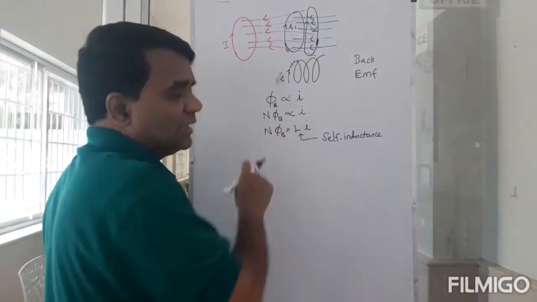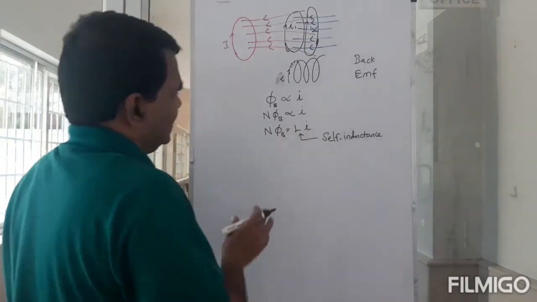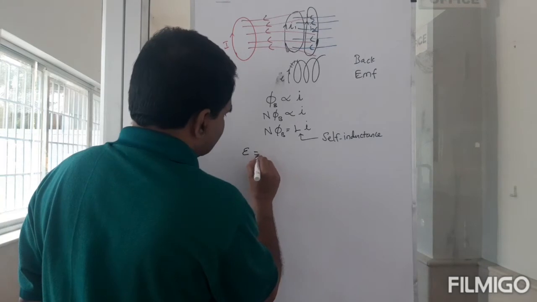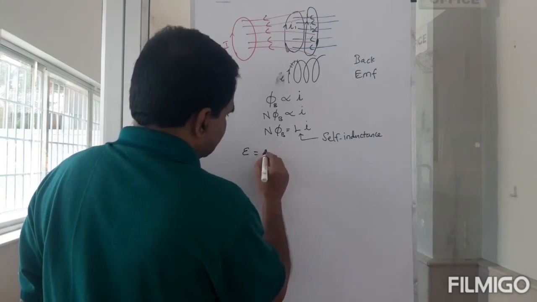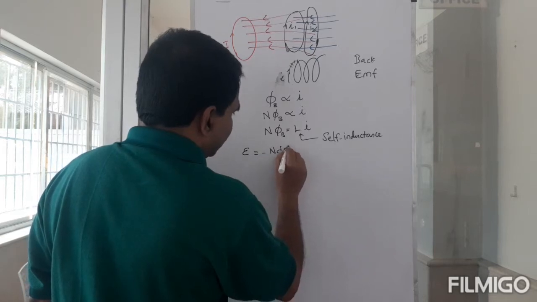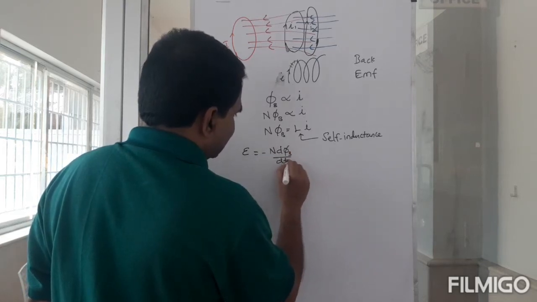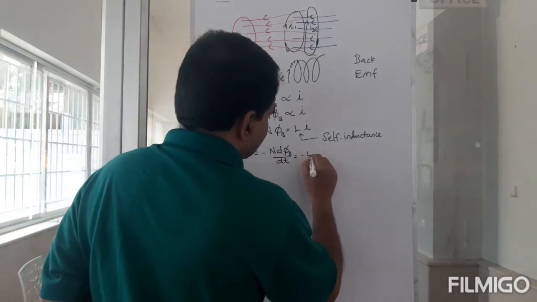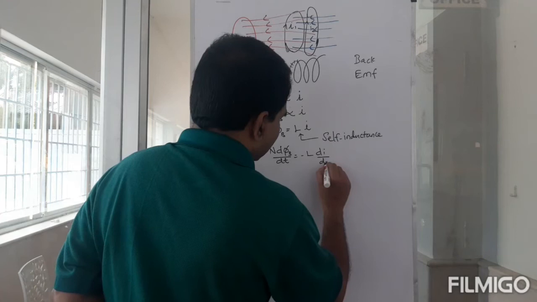So N phi B is equal to L I. Then what is the EMF induced? EMF is equal to minus N d phi B by dt, which will be equal to minus L di by dt.